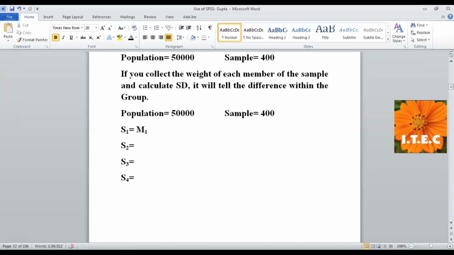Now, when you replace, now you have another 400 and take the weight of the 400 people and calculate. So you will have another mean. So like this, you have another mean.